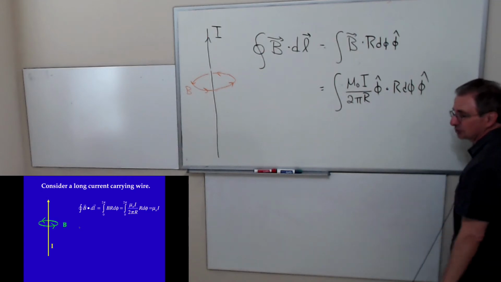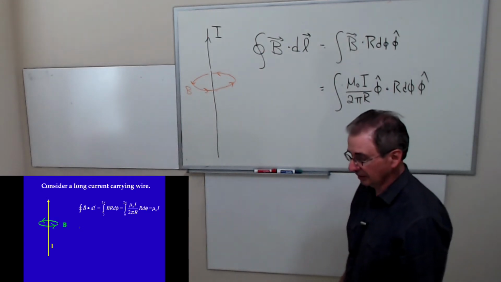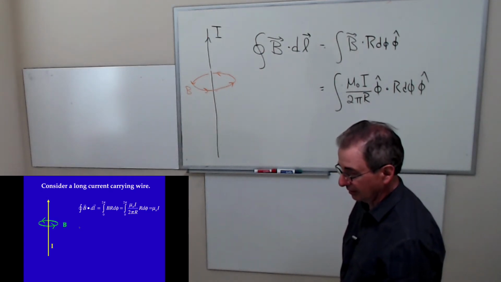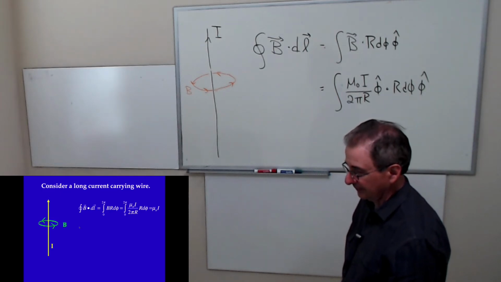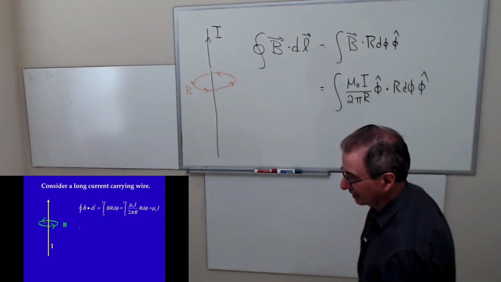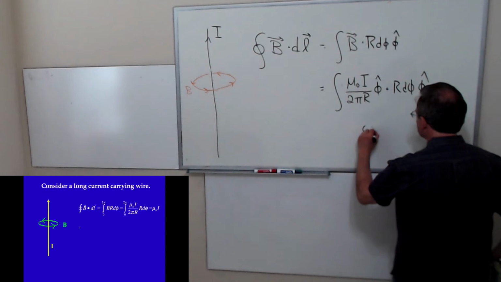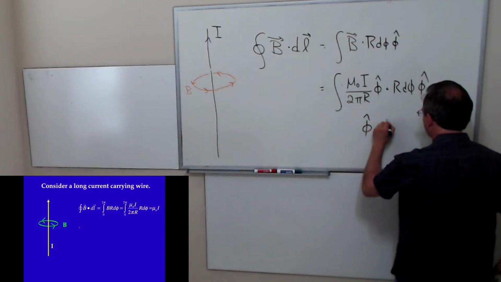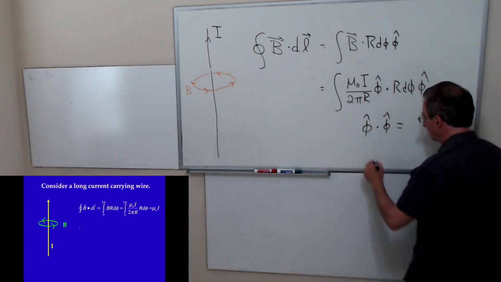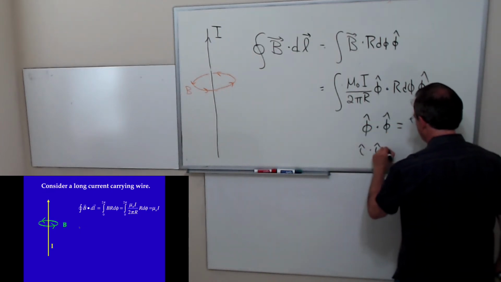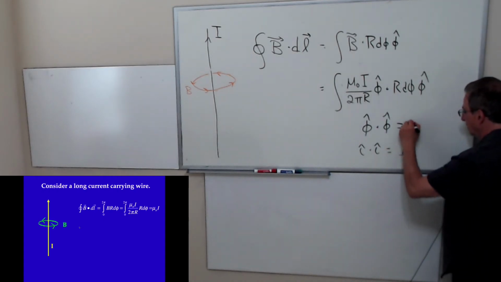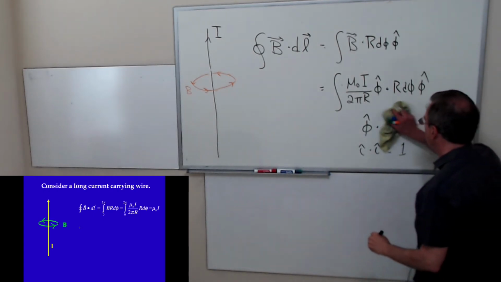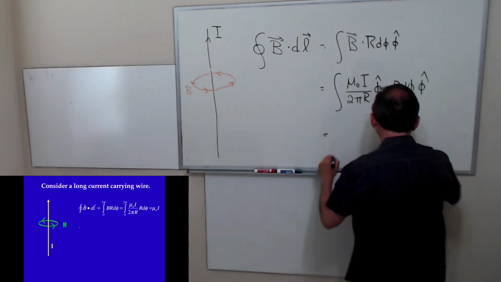So what happens to this dot product between these two vectors that are parallel to each other? Simply multiply the coefficients. What is that equal to? It's 1, right? Okay, so that's going to give you this.